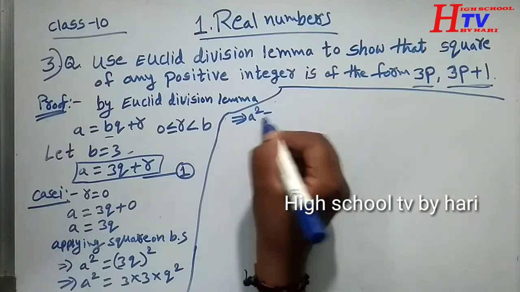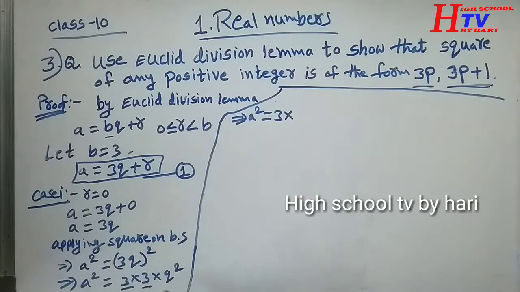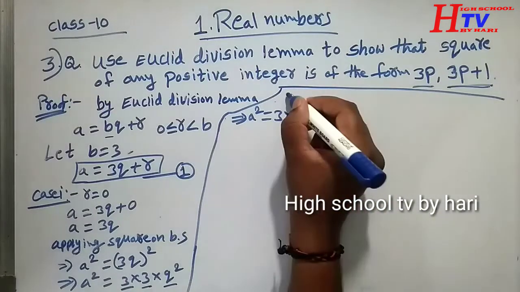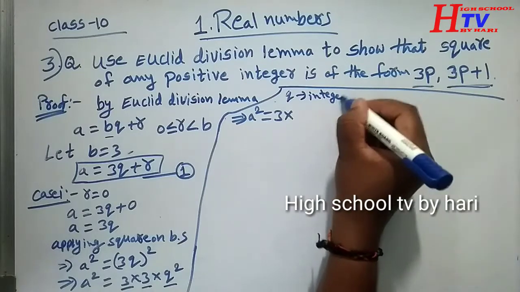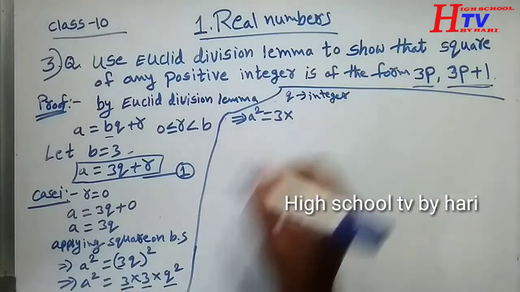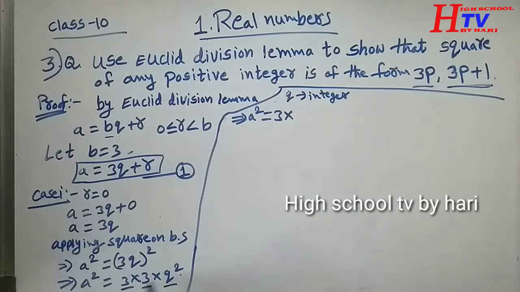Here a square equals 3 into something, where 3 is an integer, q is also an integer, and q square is also an integer. Integer multiplication, integer into integer, we get an integer only.